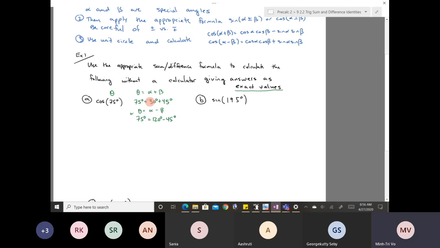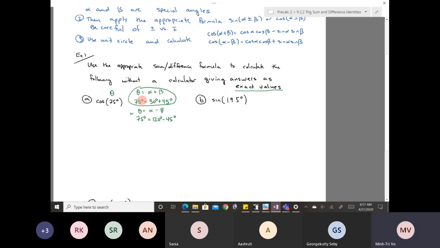Typically there's more than one way to represent these angles, and you can choose whichever way you want. Okay, so let's just do it this way.